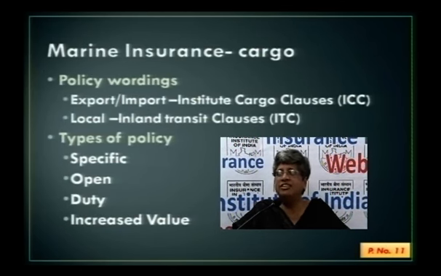I can take an ICC clause covering road transit from Surat to Mumbai and thereafter from Mumbai to New York by sea. It will still be available as a continuation cover. But if I am insuring from Mumbai to Kolkata, then it will be a local transit, Mumbai to Kolkata by road or rail, ITC.